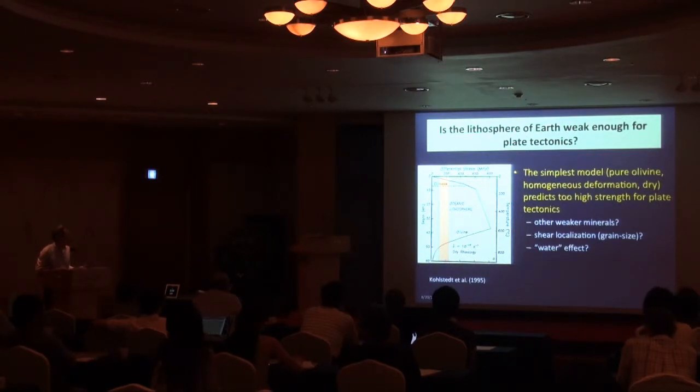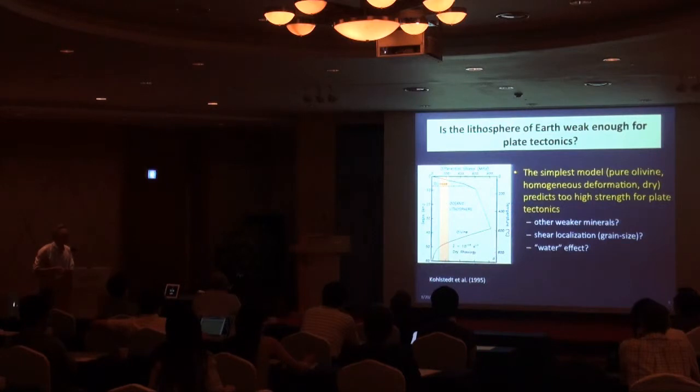So when you have some problems with a well-accepted model, you have to go through what kind of assumptions they made. The first is the assumption that the lithosphere is made of olivine. But if you learn petrology, you learn that the upper mantle is not only olivine, but also other minerals like OPX, orthopyroxene.